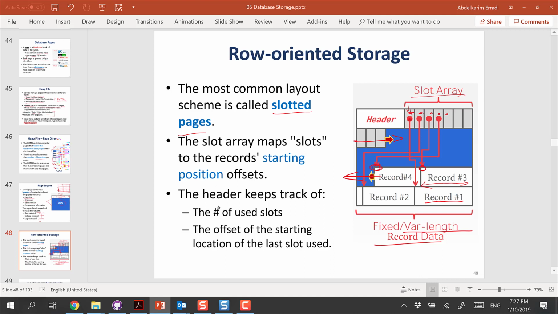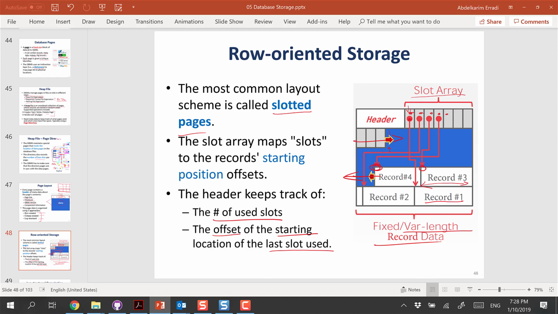In the header, what we find is the number of used slots, how many slots are used, and the offset of the starting location of the last used slot. We also maintain where the last used slot is. So when a new slot is to be inserted, we just jump to the last used one and write right next to it.